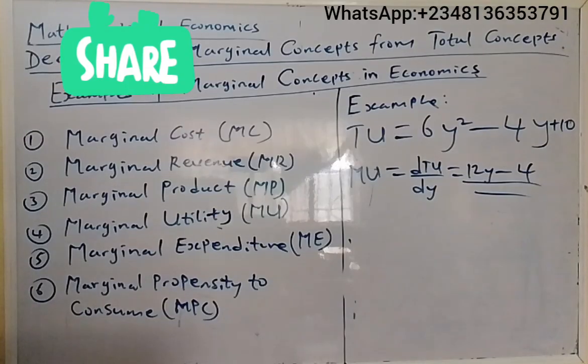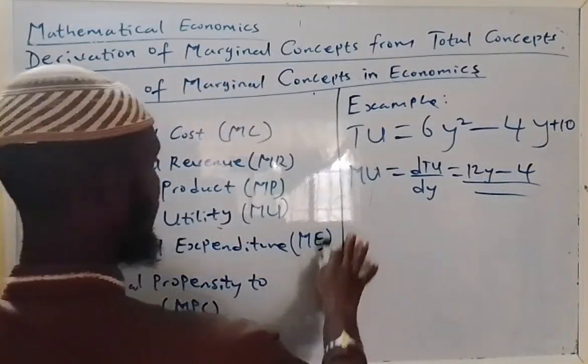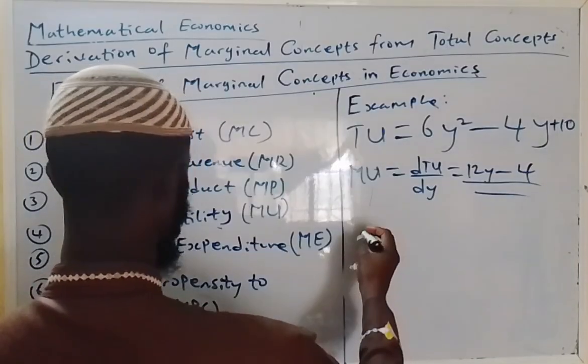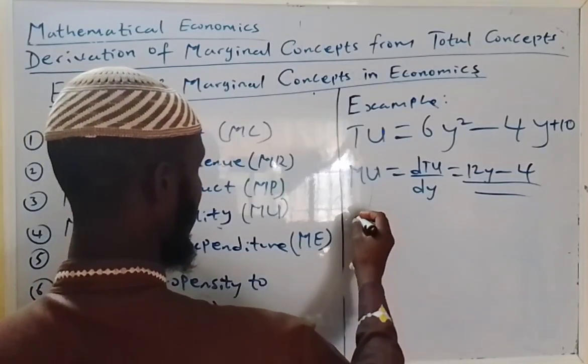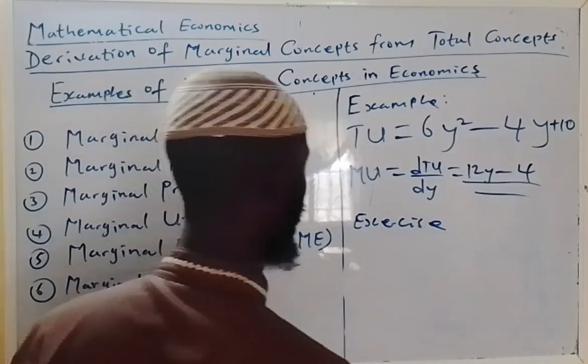Can you do 5 and 6 on your own? Let's say we have marginal expenditure. You can exercise, you can do that on your own. Exercise and tell me the answer in the comment section.